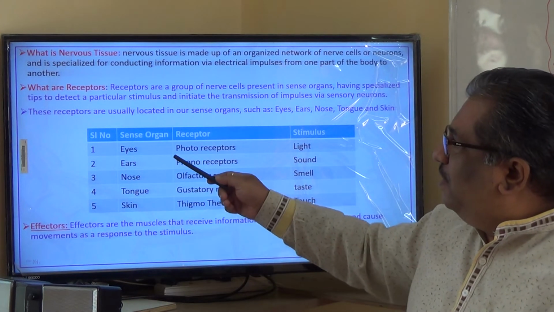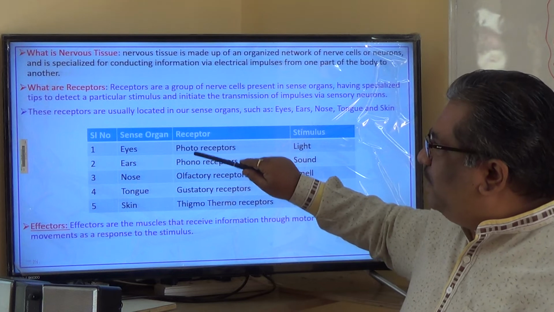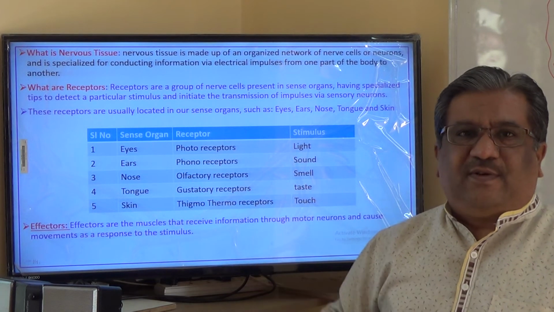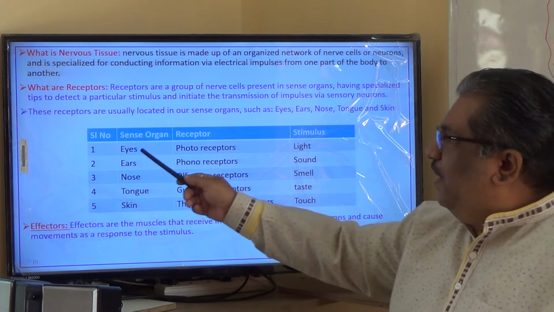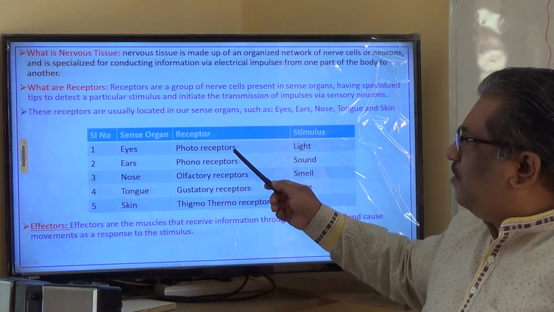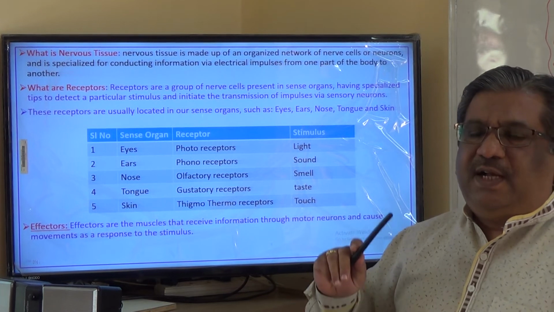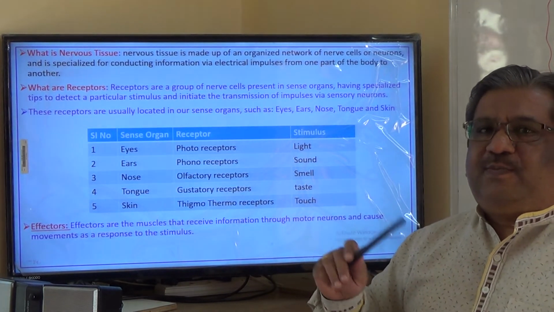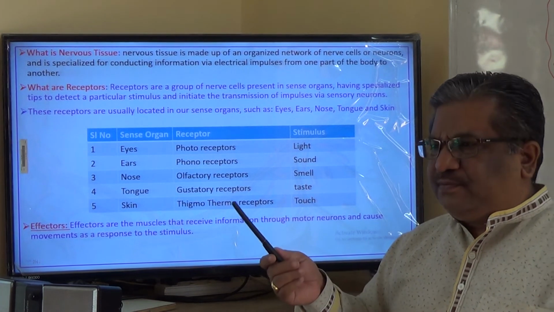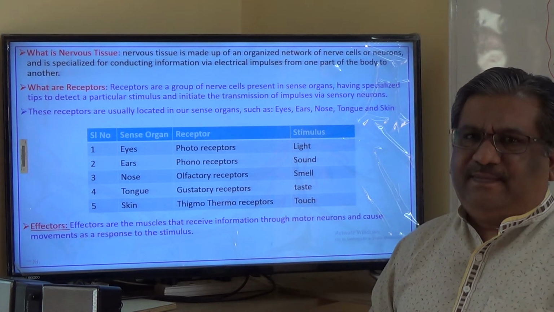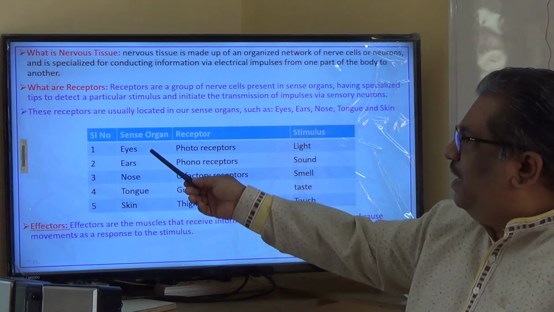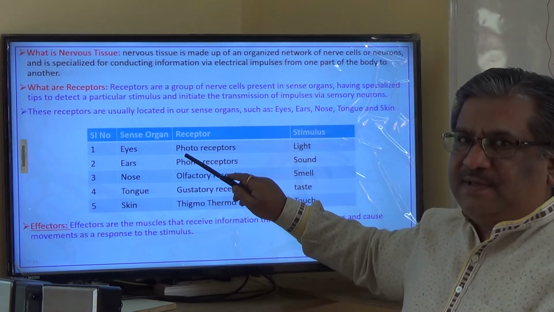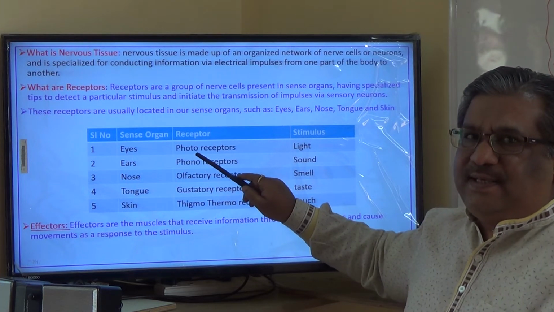There are different names given for the receptors present in different sense organs. In the eyes, the receptors are called photoreceptors, which are sensitive to light.